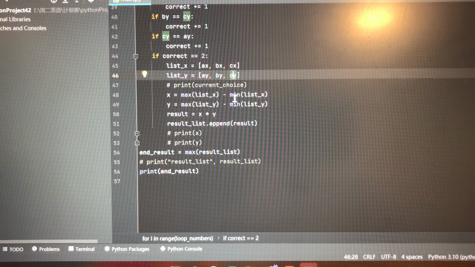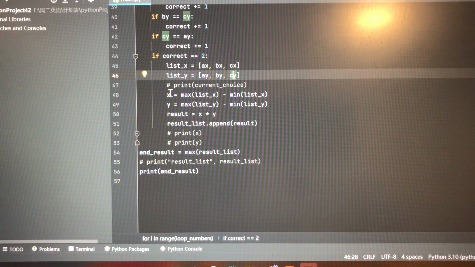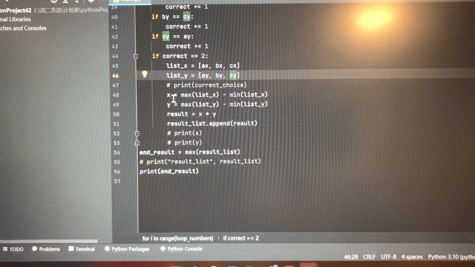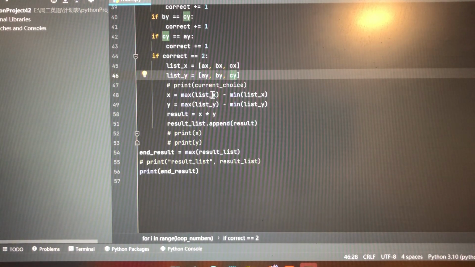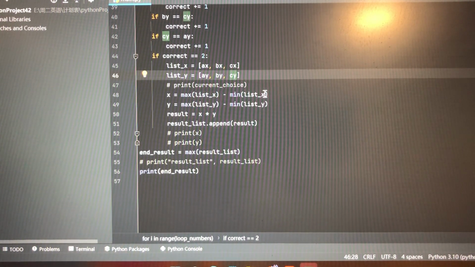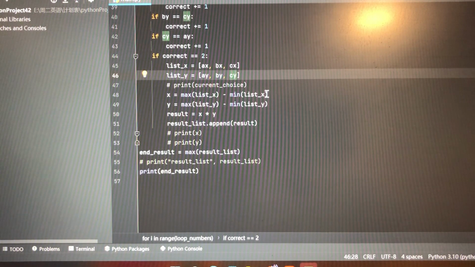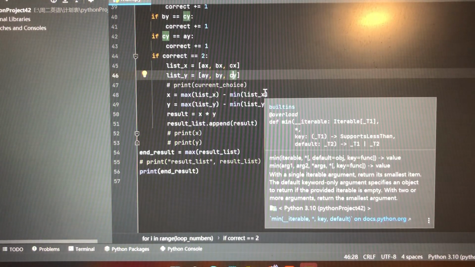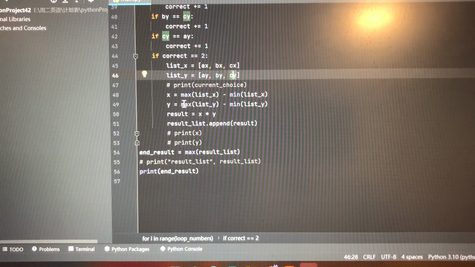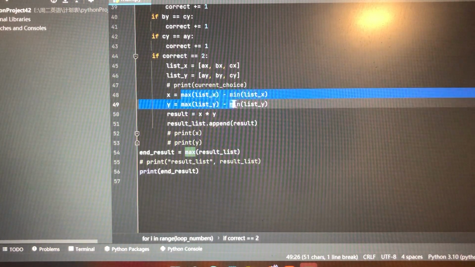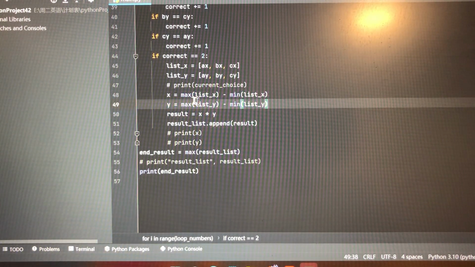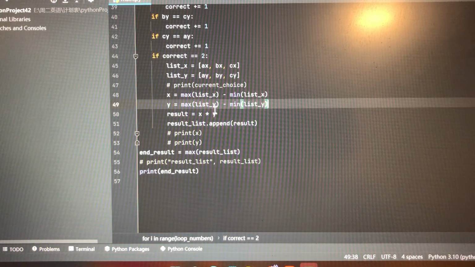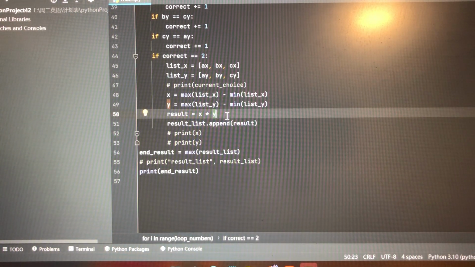Since we want the length in x and y, we find the max x minus the smallest x, and the same goes for y. This part figures out the difference between the max value and the minimum value. And the result is x times y.